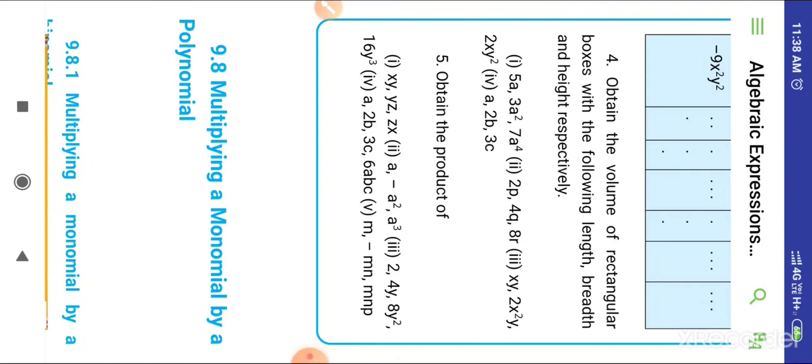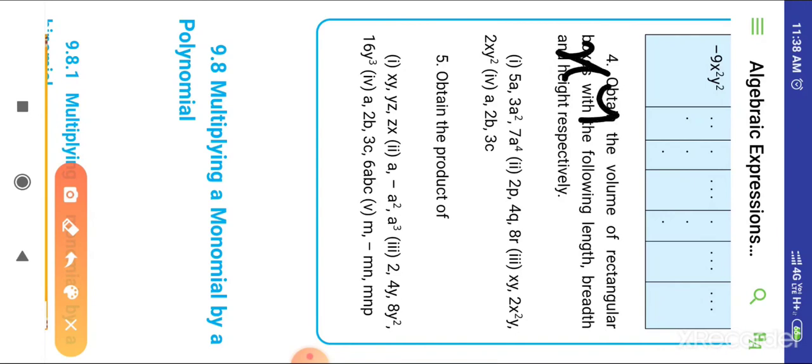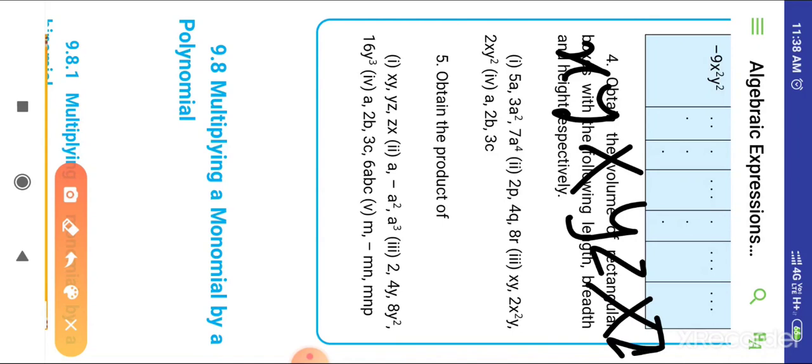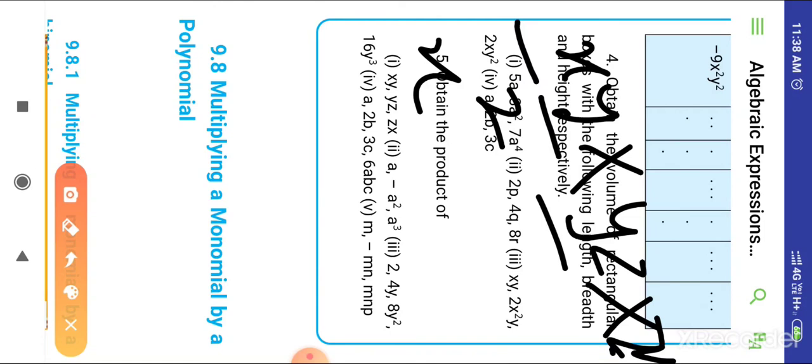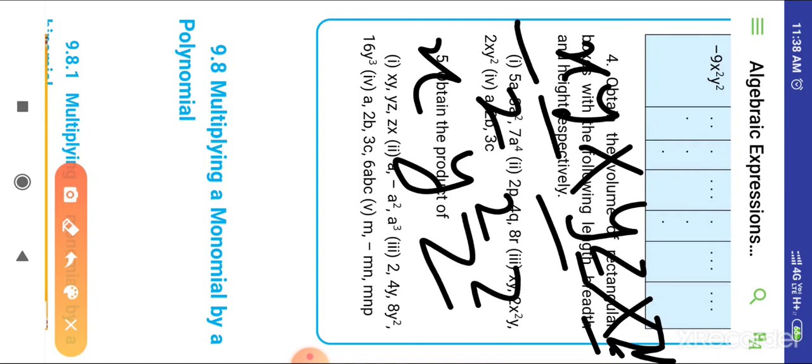Now move to next question. Question number 5. Find the whole quantity if 5% of it is 600. For solving this question, first we have to assume, let the whole quantity be x. Now, according to the question, 5% of the whole quantity, that means x, is equal to 600. Now write this statement in mathematical equation form.